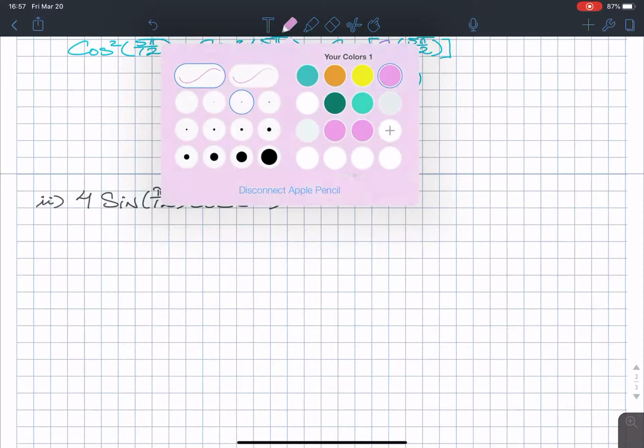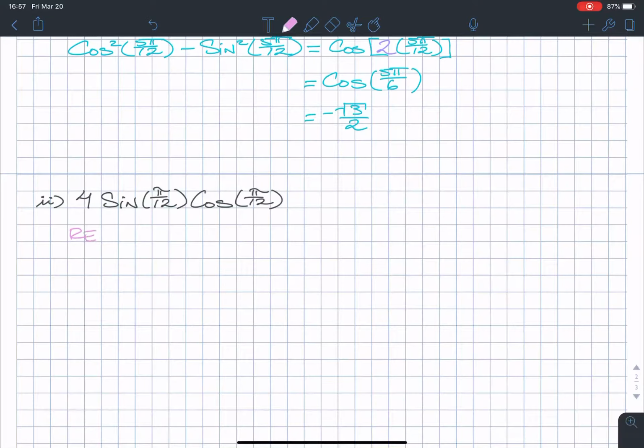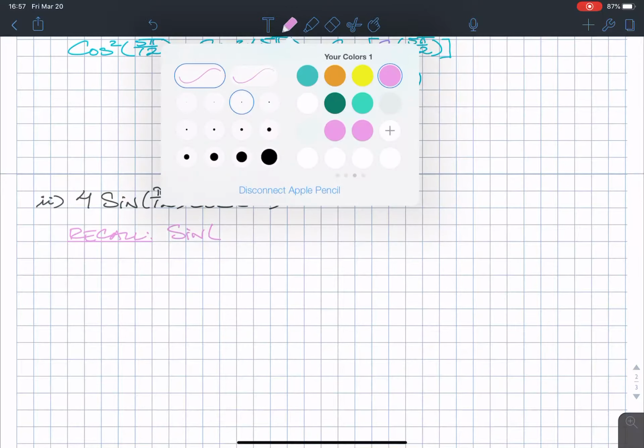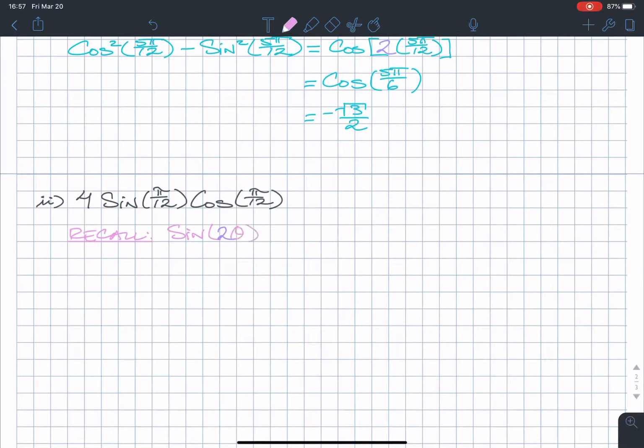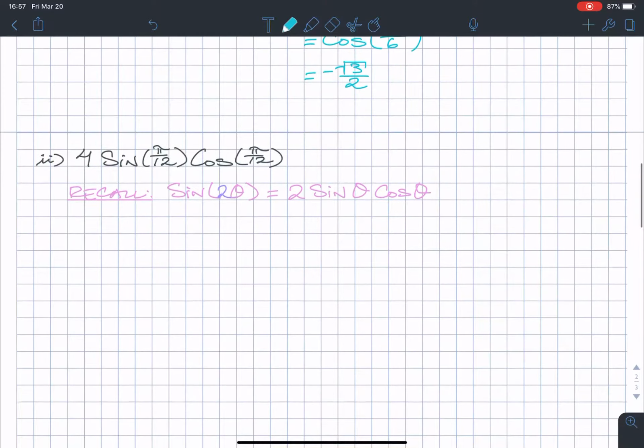Okay, so we want to recall that sine of twice an angle is 2 sine of the angle theta times cosine of the angle theta. Okay, so what are we given? We're given 4 times sine of pi over 12 times cosine of pi over 12.